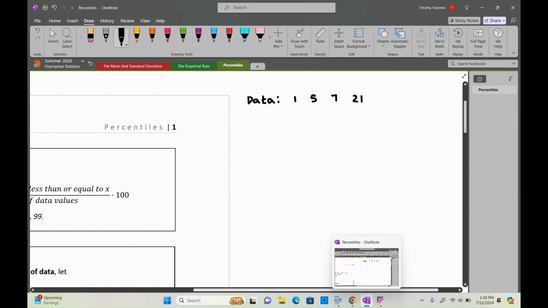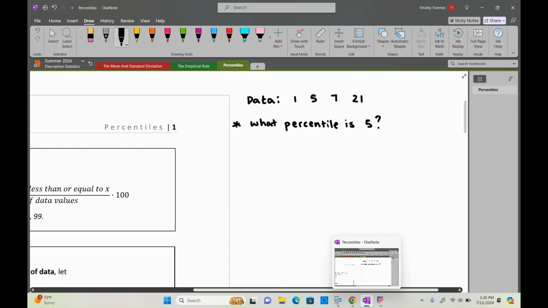So if we were to find what percentile 5 is, let's do that first. We don't have any units on this, so this is 5 something.